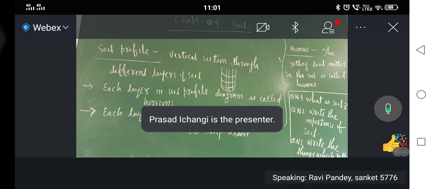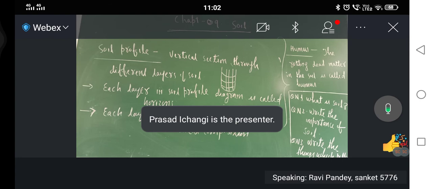No, I will make a separate diagram, don't worry. If you can make that diagram from the textbook, then I will only explain.